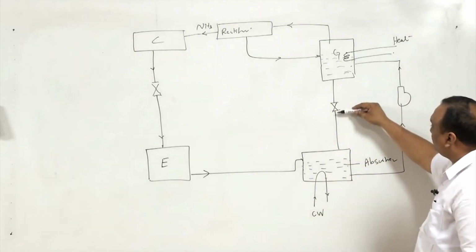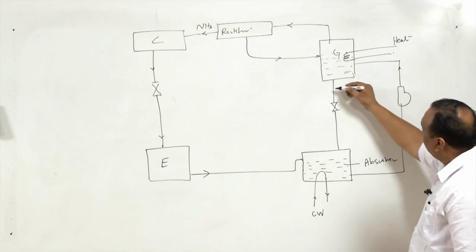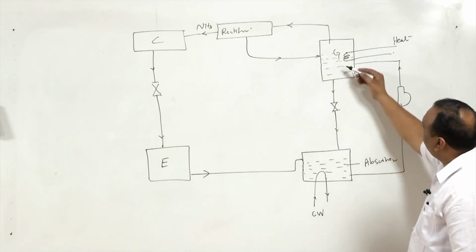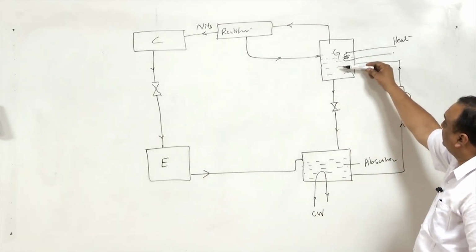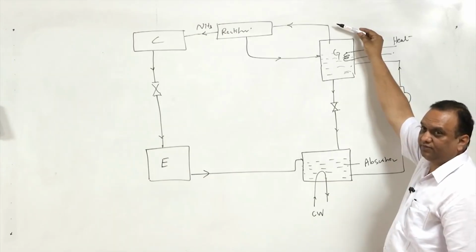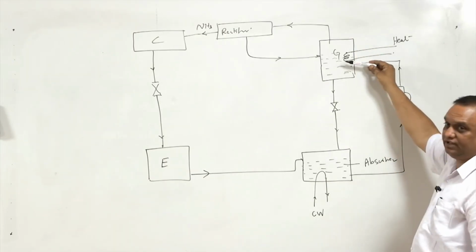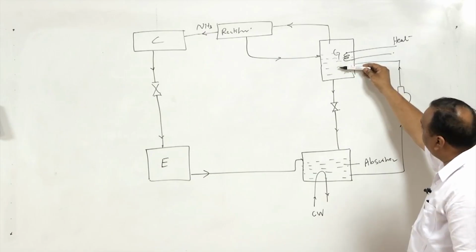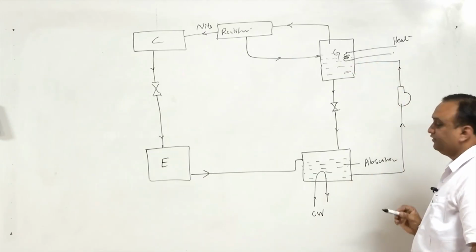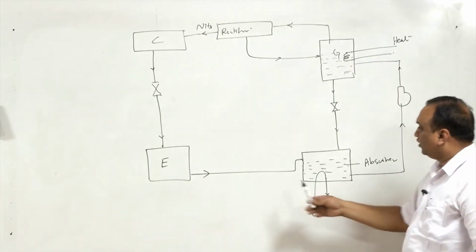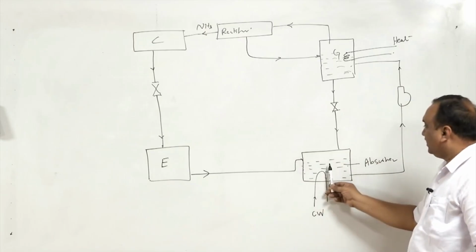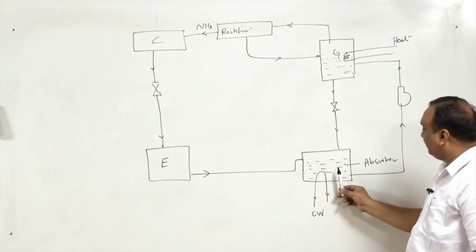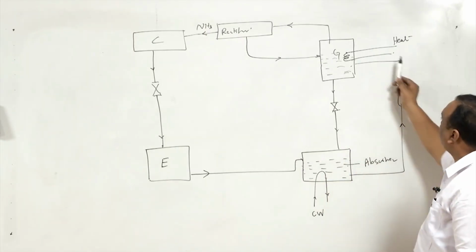Pressure is dropped across the valve, and the weak solution, it is called weak solution because the ammonia has already been liberated from the solution but it still consists some part of the ammonia, from the generator enters the absorber. The absorber gets ammonia from the evaporator and makes the solution rich, and the rich solution is pumped back to the generator.